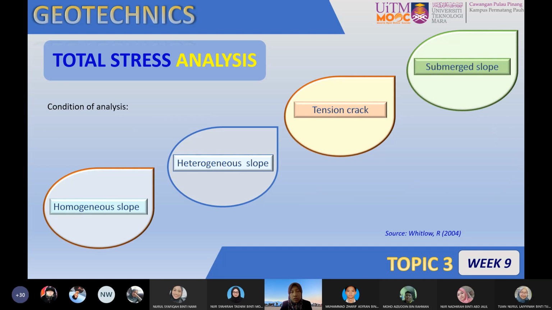So the next thing is the conditions where we can adopt all those analyses, such as homogeneous slope, heterogeneous slope, tension crack, and the next one is the submerged slope. So what is a homogeneous slope? Simply put, it is when the physical properties of the soil are similar.